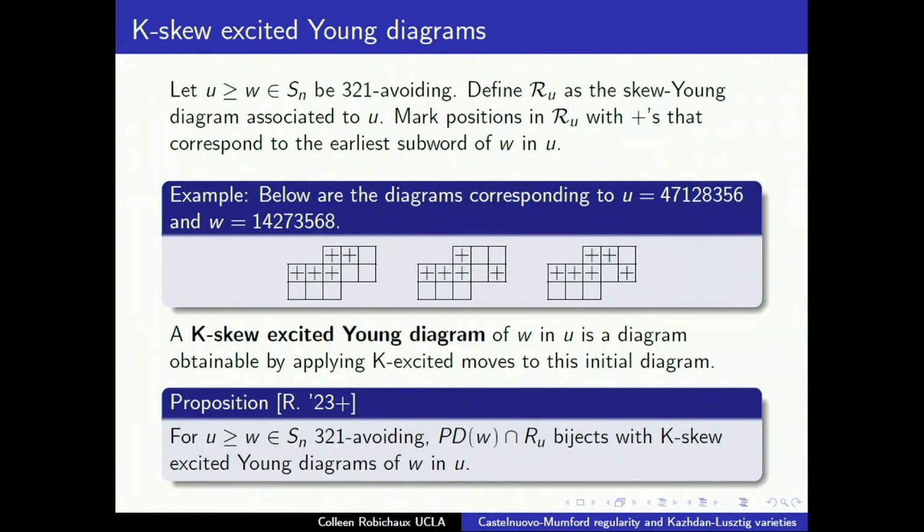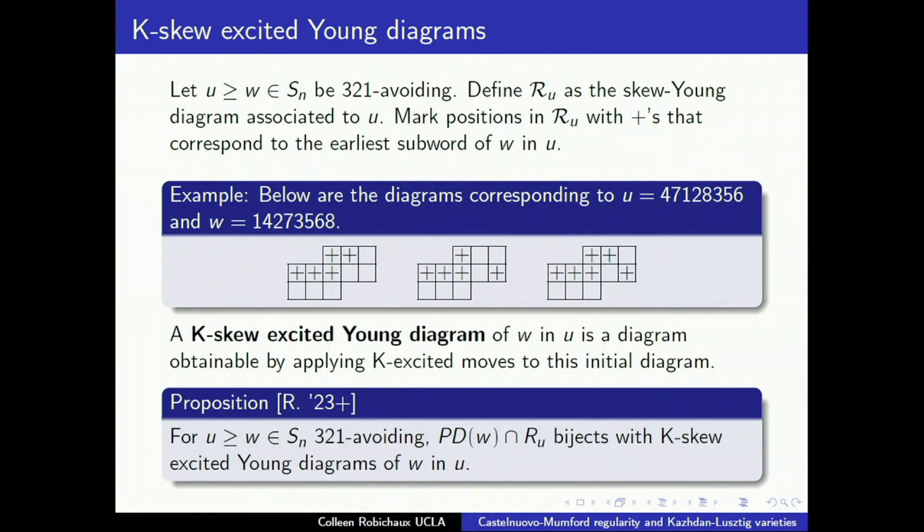This initial configuration is coming from the earliest subword of u in w, or of w in u, which I know must exist because w is less than or equal to u in Bruhat order. So I know I can find one of these subwords. All right, so that'll give me an initial configuration of pluses here. So this is a particular initial configuration associated to this pair of permutations.